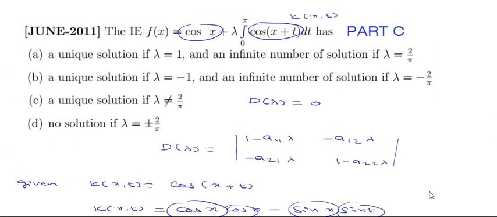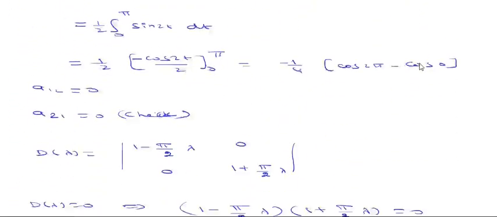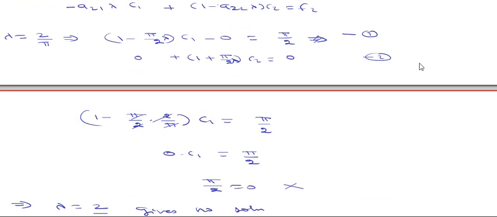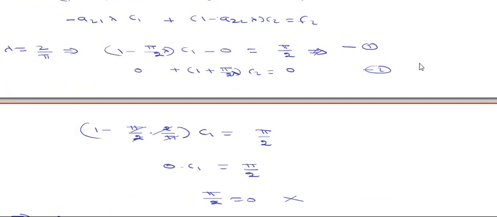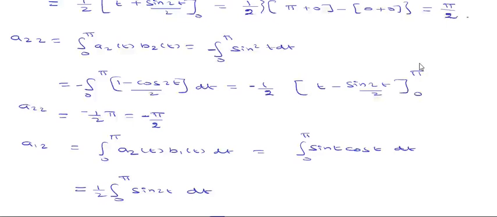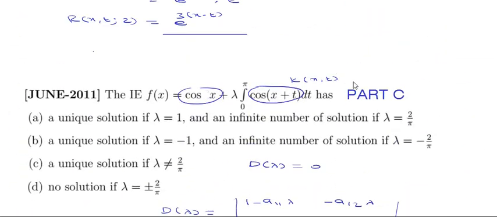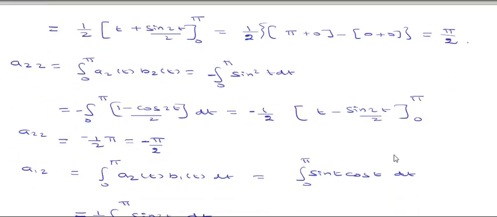Now we will check the options one by one. Unique solution if lambda equal to 1 and an infinite number of solutions if lambda is equal to 2 by pi. Here when lambda is equal to 2 by pi we get no solution, so the first option is wrong. Next, unique solution when lambda is equal to minus 1 and infinite number of solutions if lambda is equal to minus 2 by pi.